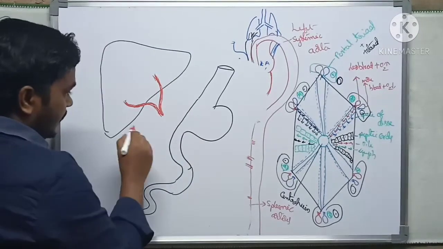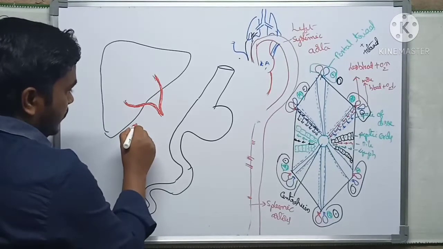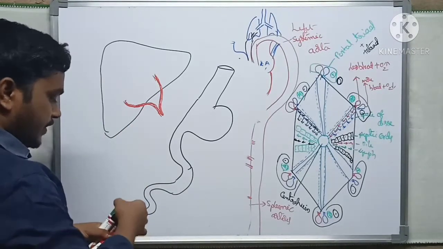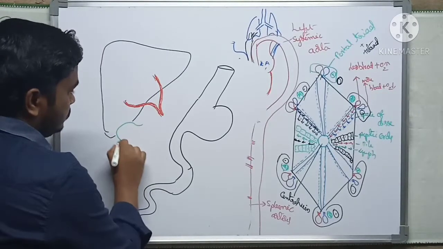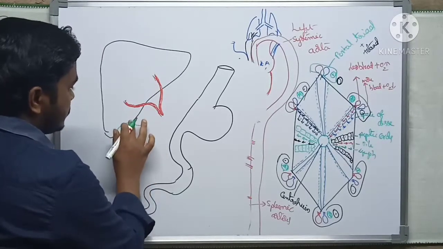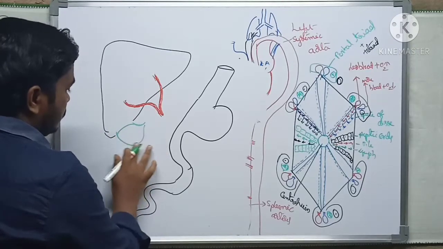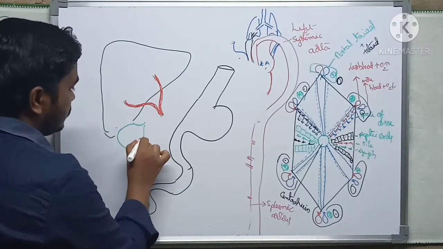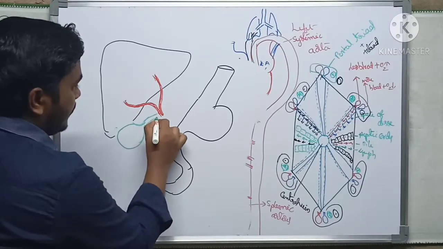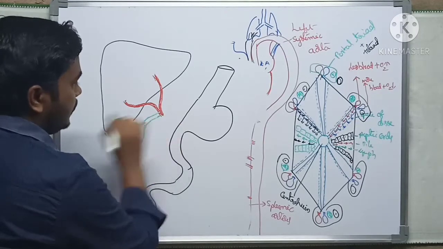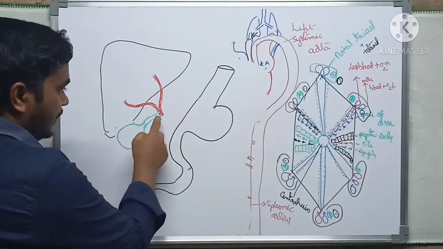Here there is one part, the gallbladder, where the bile is stored. In this region we will see the gallbladder. The right and left hepatic ducts fuse to form the common hepatic duct.